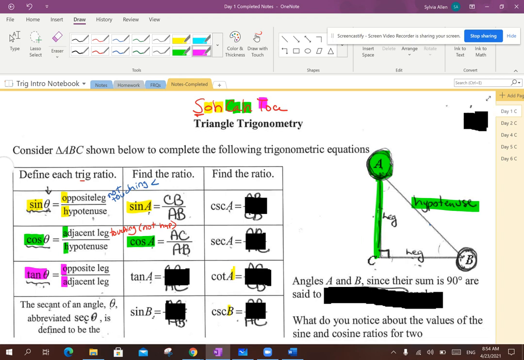And then tangent of angle A, again referencing our angle A, is going to be the opposite, which is not touching. That's going to be that leg, which is CB, over the adjacent. Now remember, the adjacent is the one touching, but not the hypotenuse. That is the one right there. So we have CB over AC.